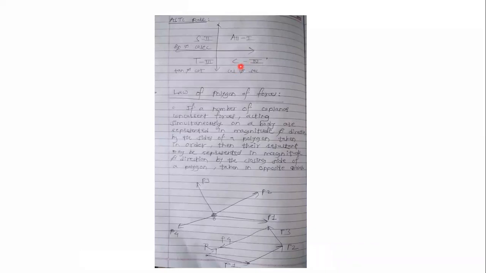In the first quadrant all are positive, that is sine, cos and tan. You will have positive values in the first quadrant if the angle is in the first quadrant. In the second quadrant, sine and cosec are positive. In the third quadrant, tan and cot are positive, and in the fourth quadrant, cos and sec are positive. This is the ASTC rule.